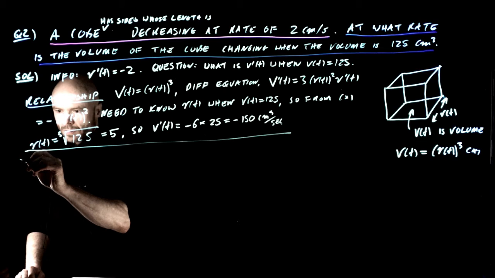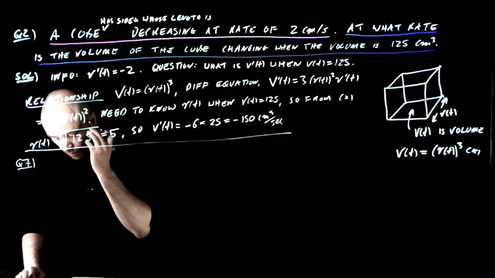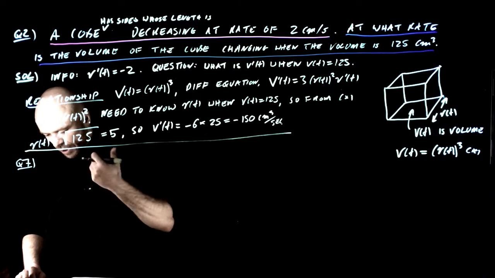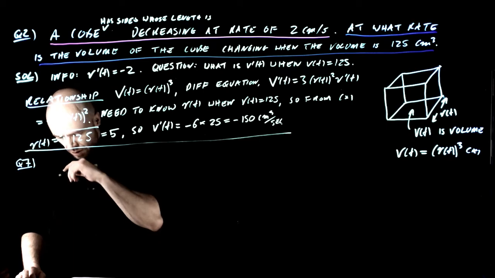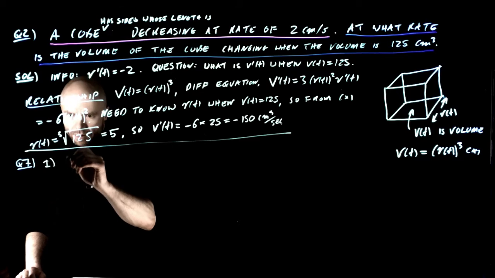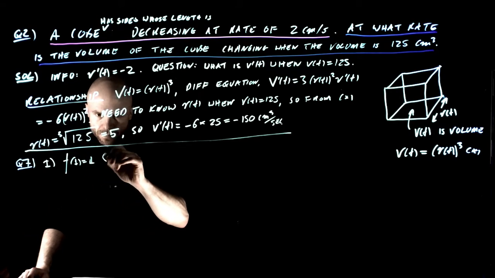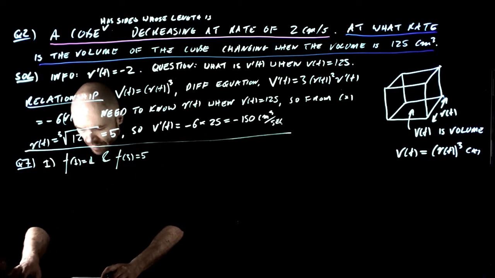Question 7. Okay, so we have a bunch of statements, and we have to figure out which one is correct. So the first statement is that f of 1 equals 1 and f of 3 is equal to 5.